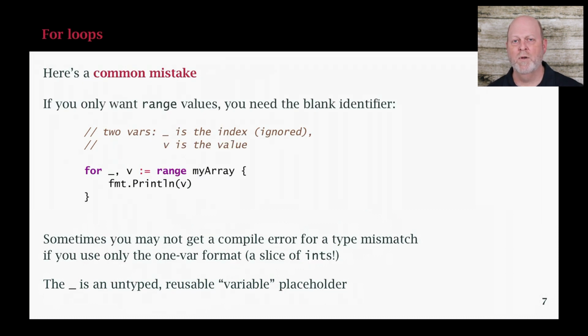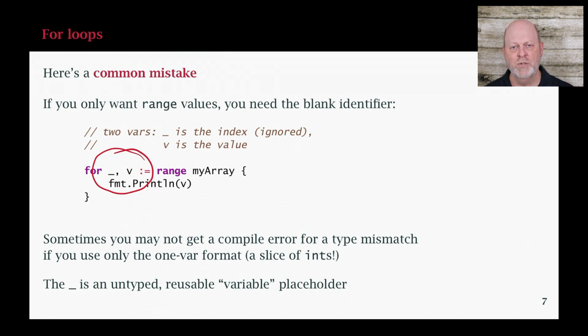Now, on this slide, I've got a common mistake, and I've also got a pattern. You may see a few slides where I invert the colors. It's a black top with red letters. Scary. It's a common mistake because I make it commonly. Maybe you don't, but I do. And that is, I want the value out of the slice. I don't want the index. But if I just write one variable, the variable is going to be the index. And if I want the value without the index, I have to write it in this form.